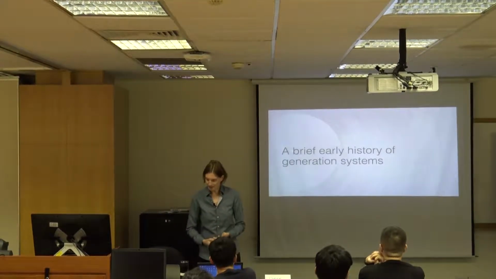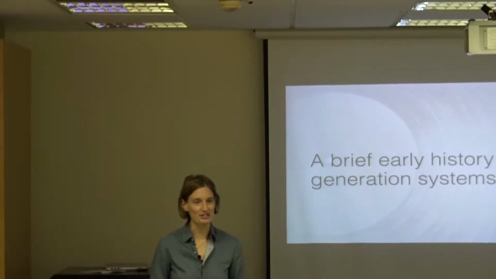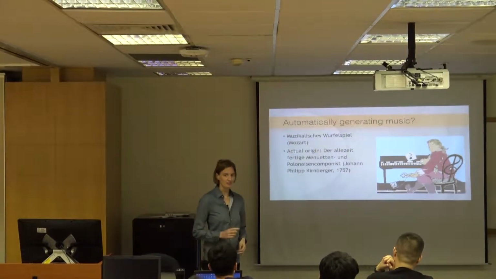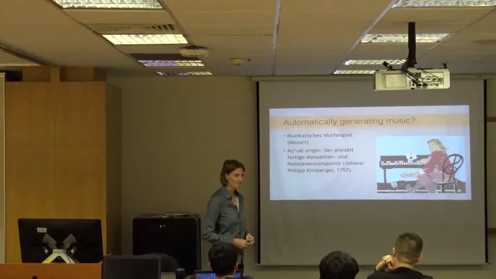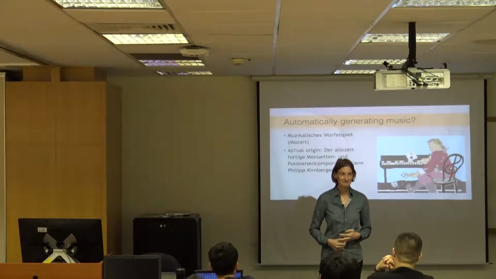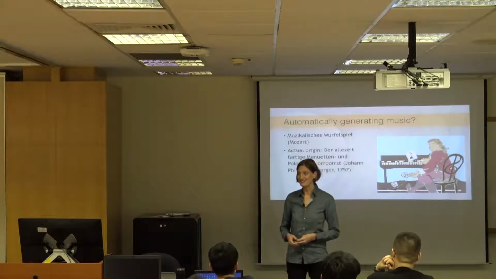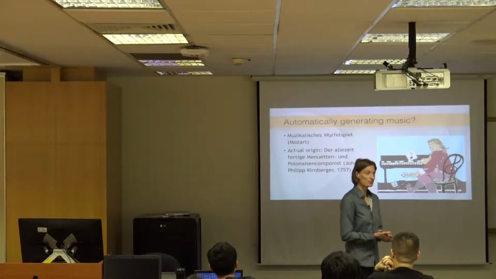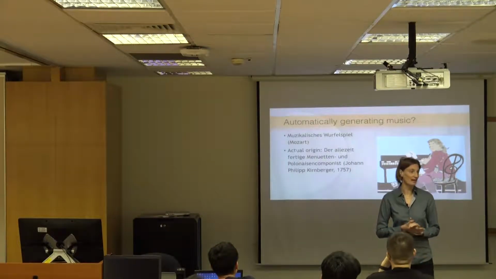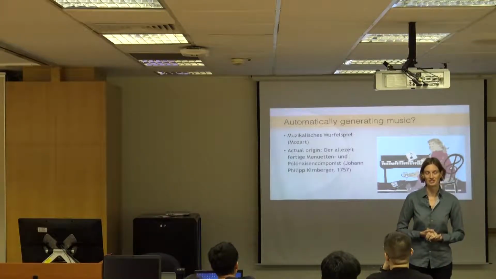So let's just start with this history on generation systems. I've listed quite a lot, actually. You might have heard of this one before. The musical dice game. Anybody of you is familiar with this one? So Mozart would be the first one that people believe actually did a sort of music generation system.